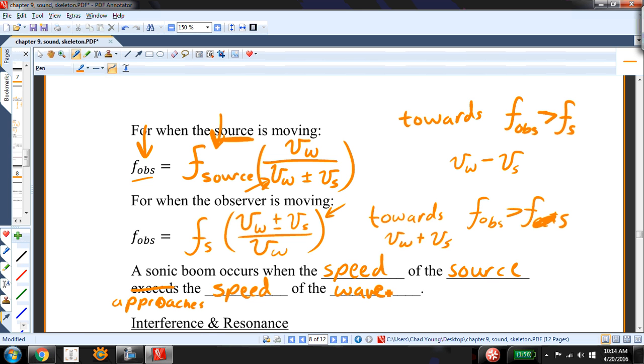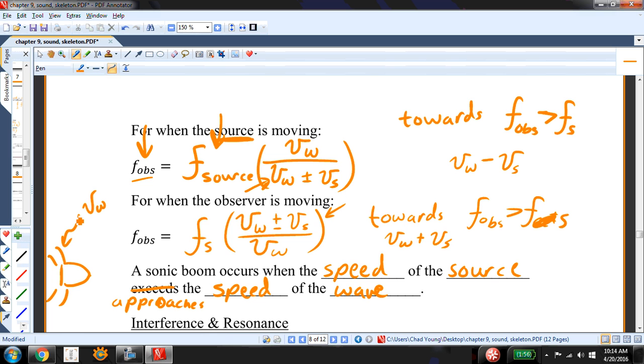Think about a boat traveling through water. It produces waves that follow behind it. These waves have a certain wave speed. That's their VW. They travel through the water depending upon the depth and the temperature and the density of the water. They have a particular speed at which they travel that's dependent upon the medium.